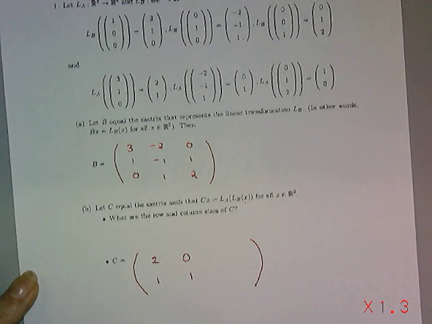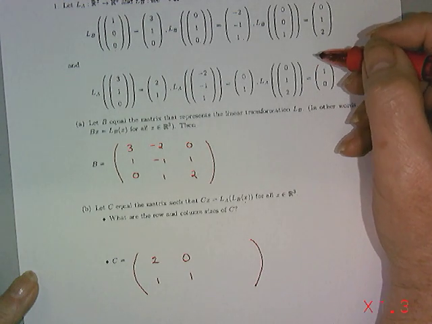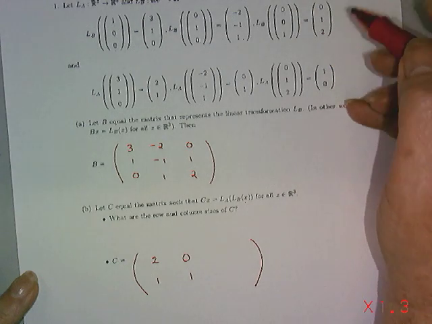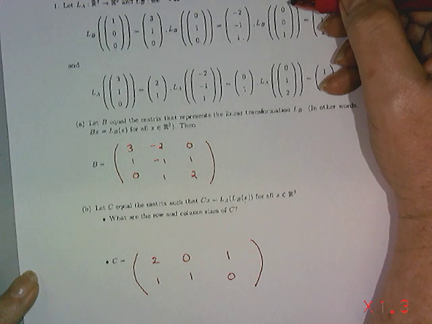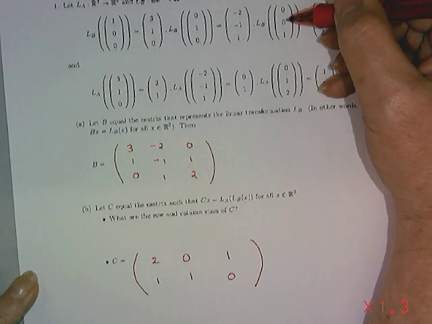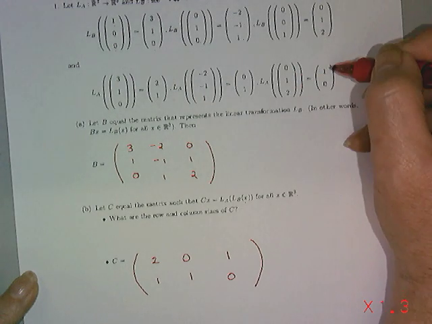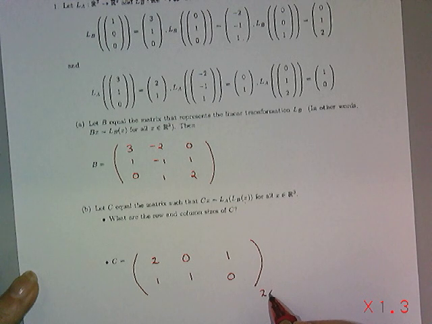So that's the second column of C. And there is a third column of C that will be 1, 0 because the unit basis vector 0, 0, 1 gets mapped to 0, 1, 2, and 0, 1, 2 gets mapped to 1, 0. Notice that this is a matrix that's a 2 by 3.